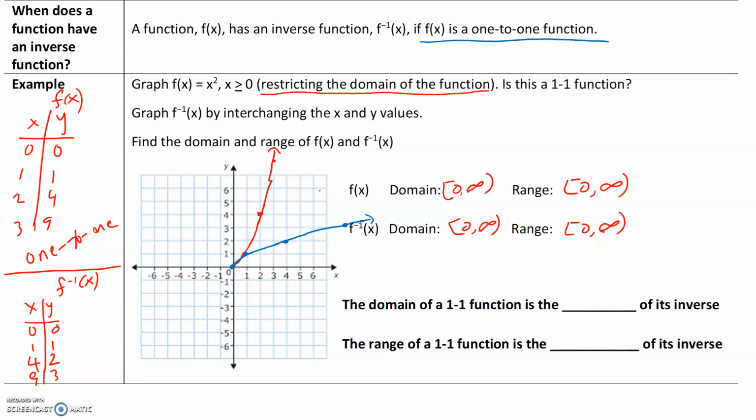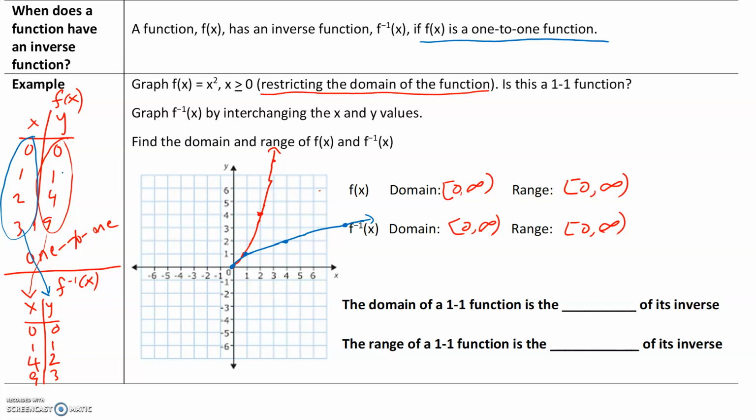Now, because we take the graph of all the points of f of x and interchange them so the y's become the x's and the x's become the y's, look at what we did. The range of the original function, all the y's, became the x values of the new function. And the domain of the original function, all the x's, became the y values for the inverse function, which interchanged the x and y.